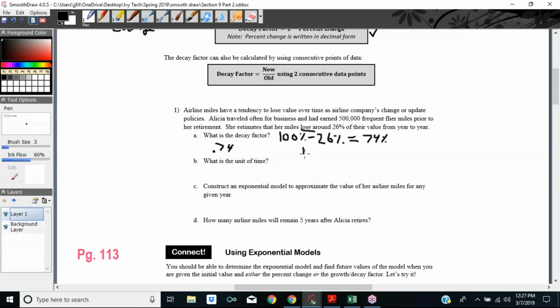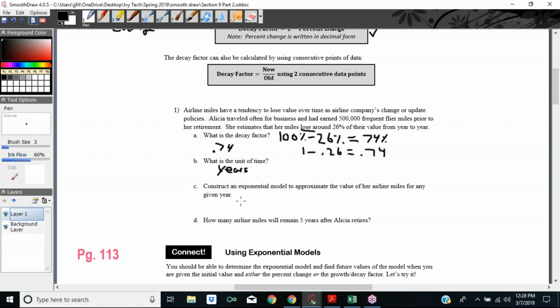We also could have done this by taking 1 minus that 26% as a decimal. What is the unit of time? Yep, it's years again.